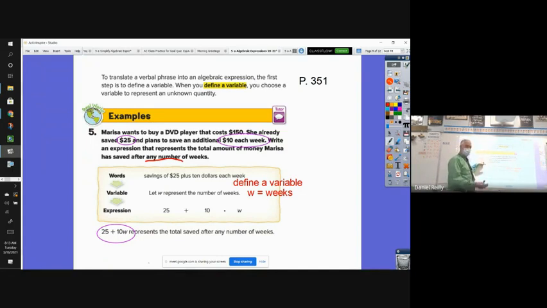Doesn't get multiplied by anything. It's just $25. And then she also saves $10 every week, which means after 1 week, she's going to have $10 more. After 2 weeks, she's going to have $20 more. After 3 weeks, she'll have $30 more. 10 times the number of weeks is how much money she's going to add on to the starting $25.